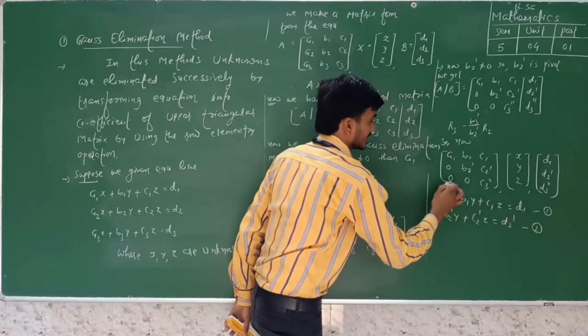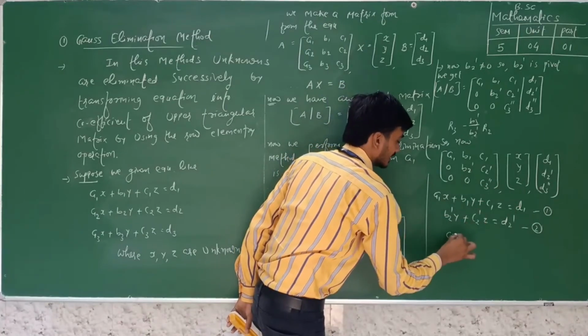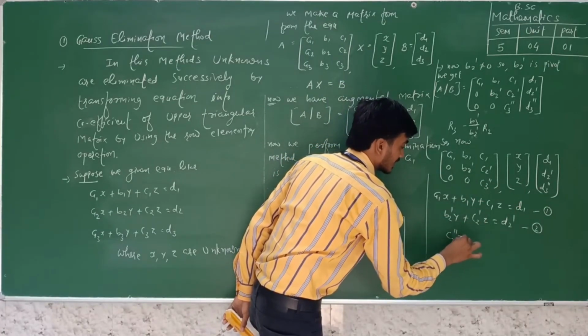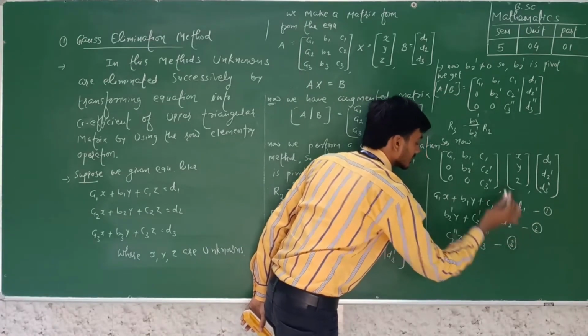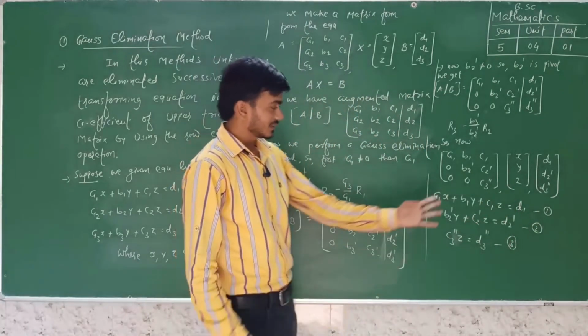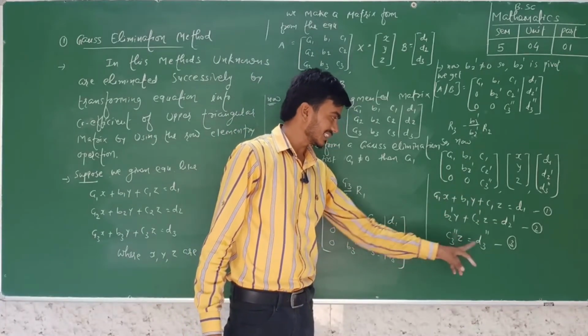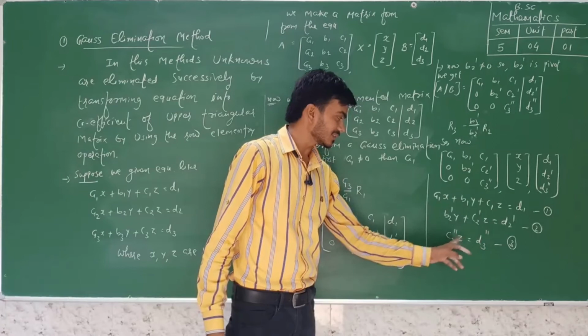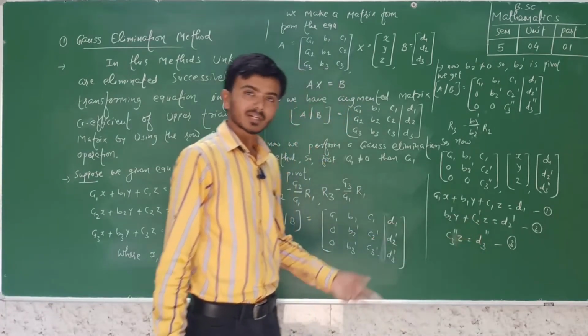Second one. 0 into X, 0 into Y, C3 double dash into Z is equal to D3 double dash. This is the third one. So by using equation number 3, Z is equal to D3 double dash upon C3 double dash. So the value of Z we can find.